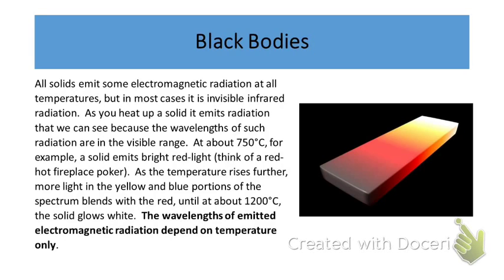As you put it in the fire, that solid object gains more energy, and then the atoms are going to begin to emit red light, lots of it. Now, as we add more and more energy and the temperature begins to rise, then we'll start seeing yellow light and then blue light, and then finally, at about 1200 degrees C, you're going to see a solid glow of white light.